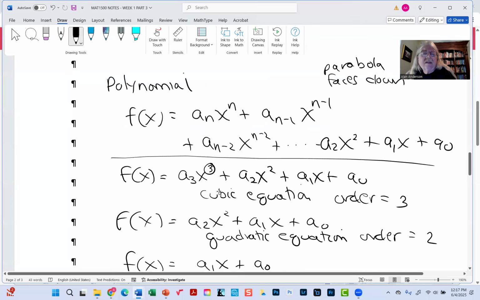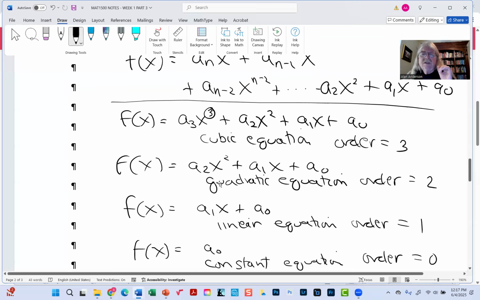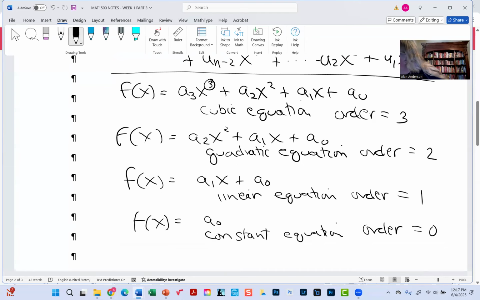Oh, and one more thing, the coefficient of the highest order term is defined as what we're going to call the leading coefficient. The reason they're bringing that up is because sometimes that number will be needed for whatever solution we're looking for.